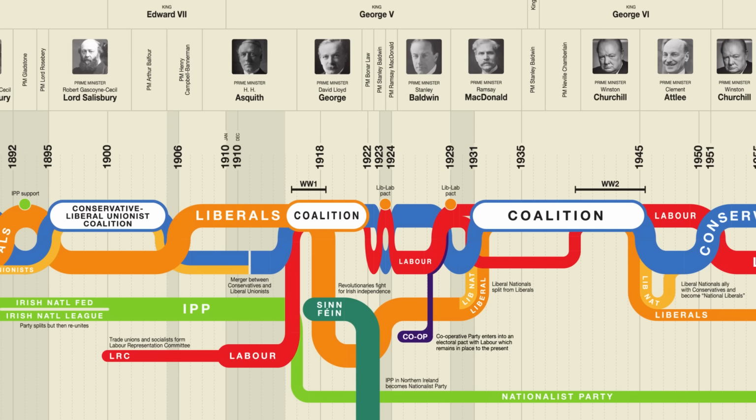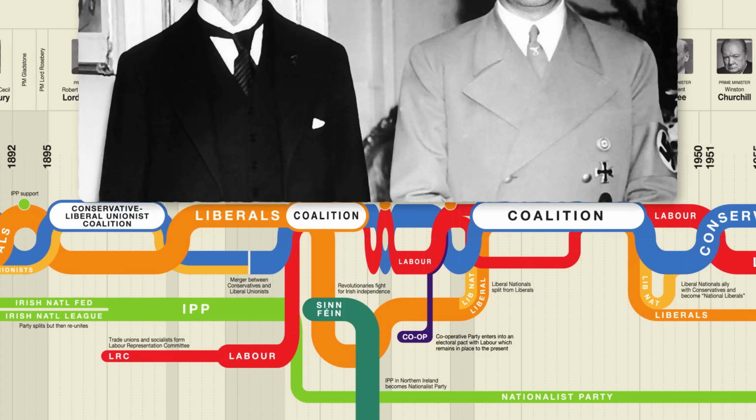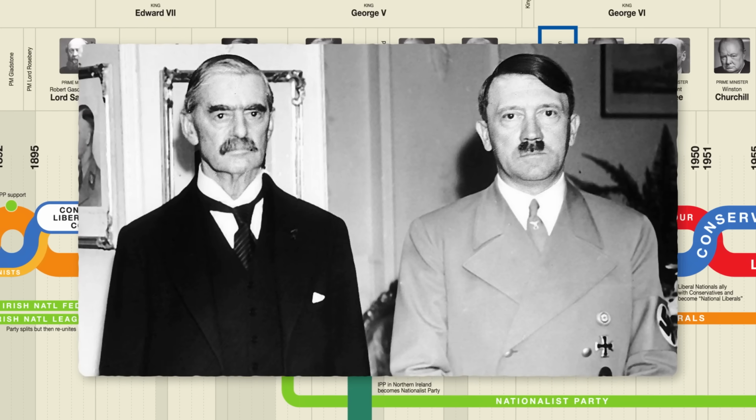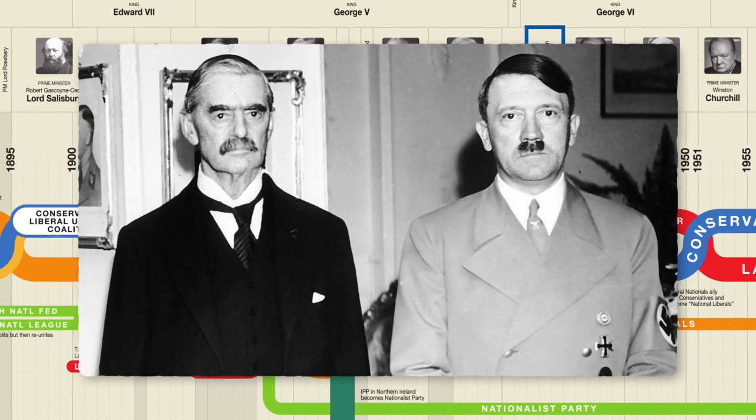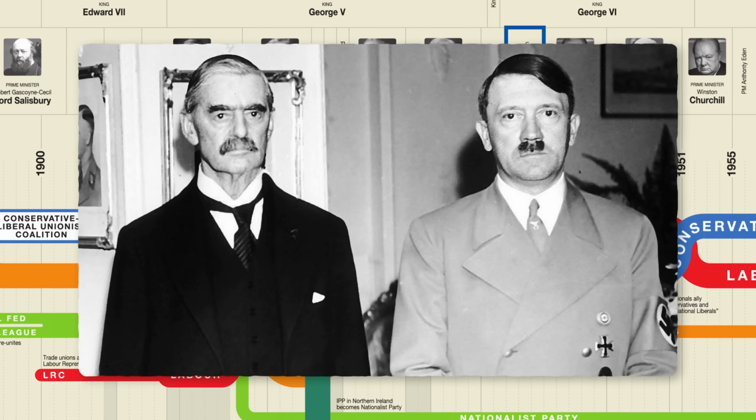But back to the 1930s, MacDonald eventually declined in health and was replaced by former Conservative Prime Minister Stanley Baldwin. Then, after Baldwin retired, Neville Chamberlain took the lead. Chamberlain is mostly remembered today for his attempt to appease Hitler and thus avoid World War II.